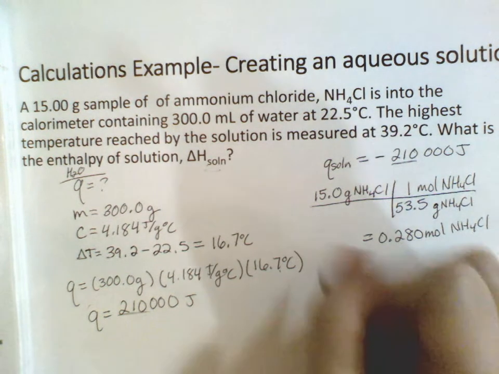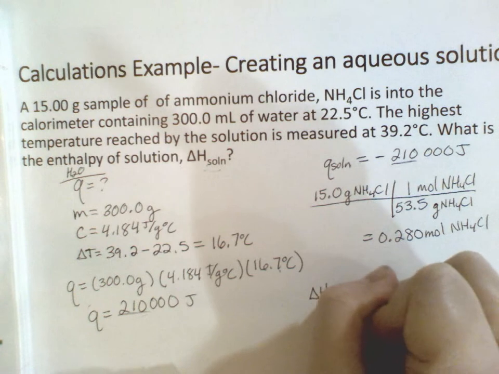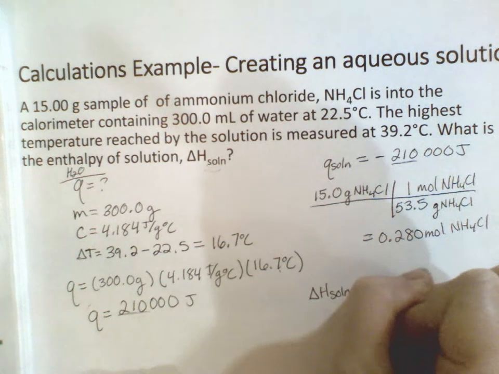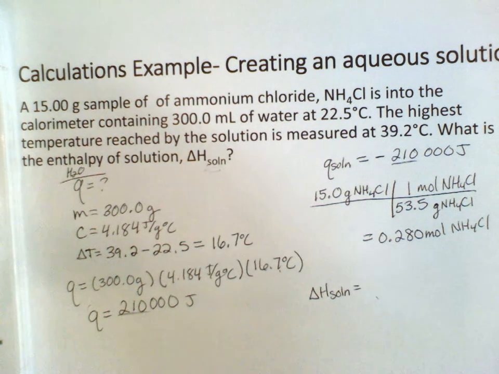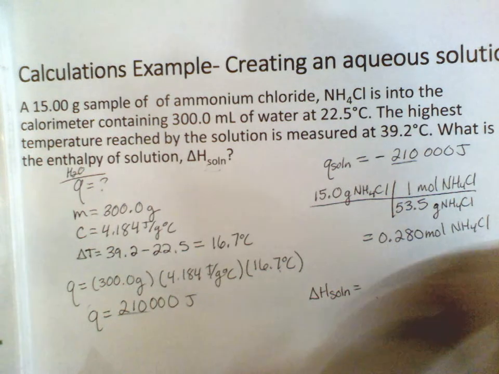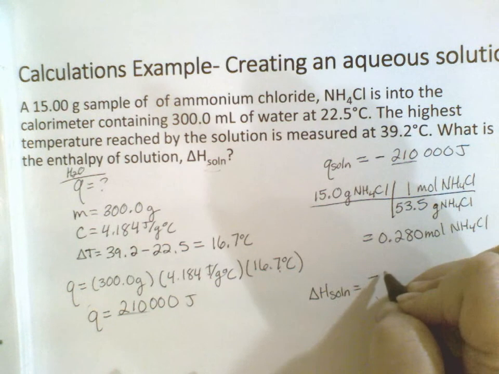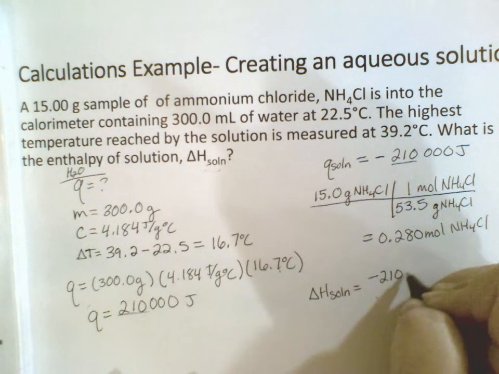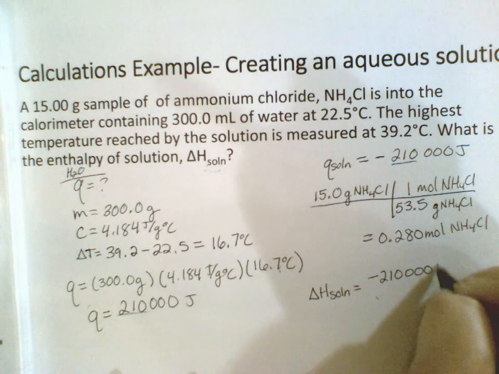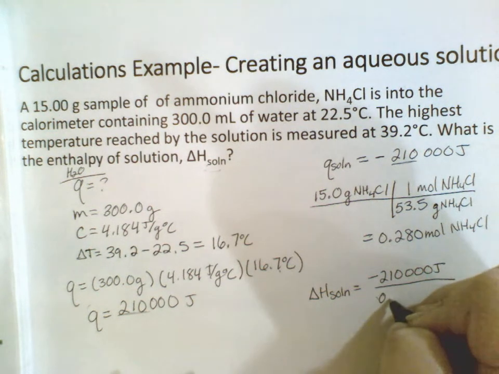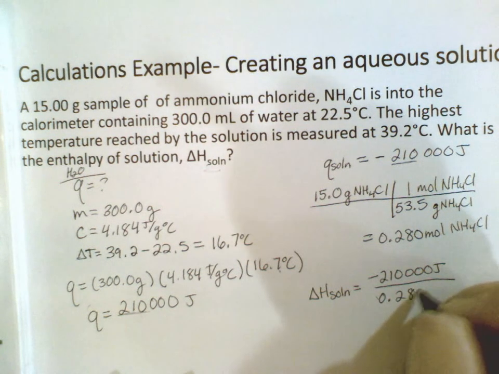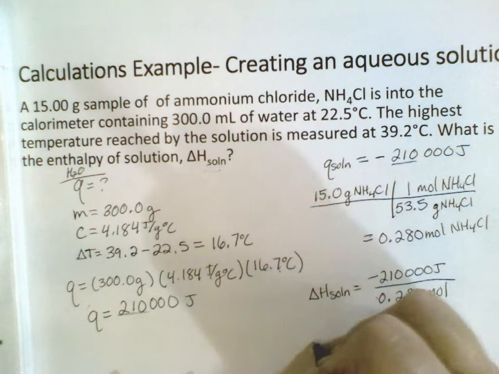So now our last step is to find our enthalpy of our solution, so how much heat is gained or lost per mole of chemical that's dissolved. So we're going to take our heat, Q, negative 210,000, and divide it by our moles, 0.280 moles.